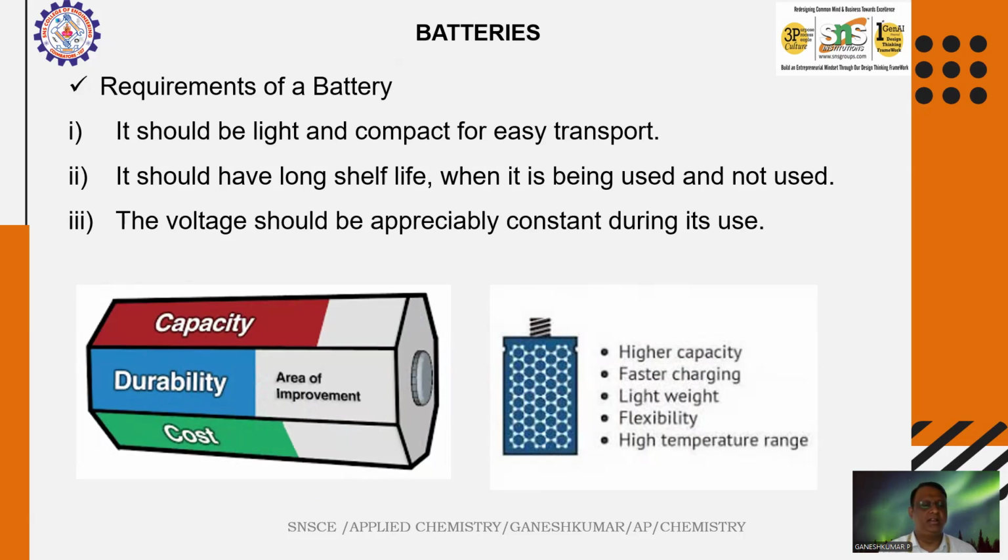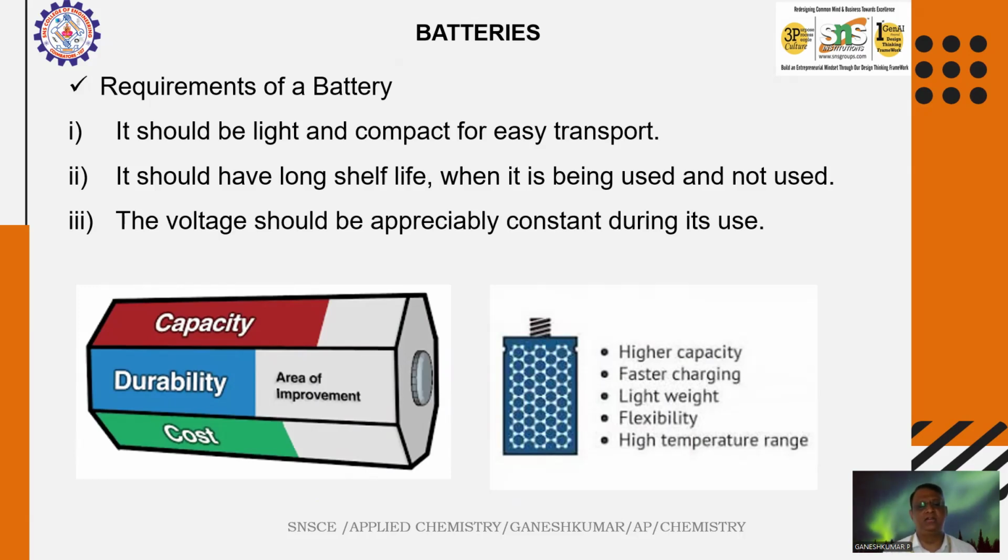When we talk about batteries, we can ask what the requirements of a battery are. Whatever things we use, we require some sort of measured quality. A battery should be lightweight and compact for easy transport, and it should have a long life, whether it is being used or not.